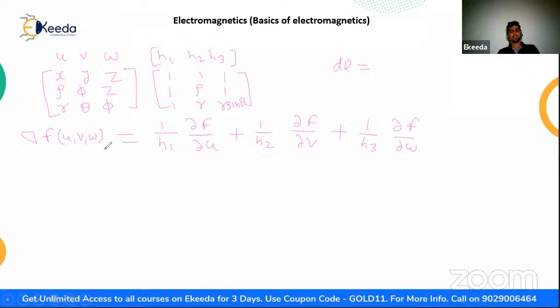So you just need to remember this one formula only, and you can write the formulas for any coordinate system. In the xyz coordinate system, it will be del f upon del x, because h1, h2, h3 are 1, 1, 1. So it will be del f upon del x, del f upon del y, del f upon del z. This was for the del operator, or you can say the gradient.